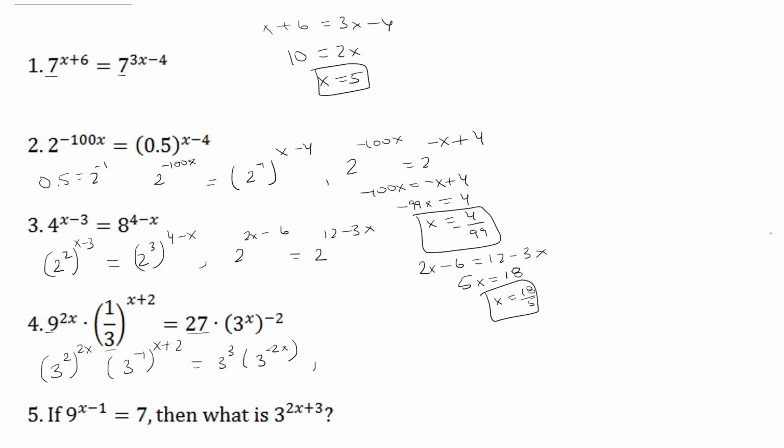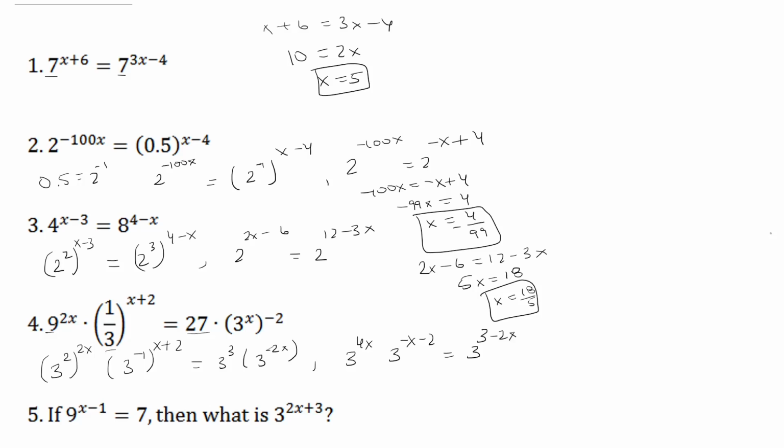Now, we have exponents to exponents, so we'll multiply them. We have 2 times 2x, and then negative 1 times x plus 2. And then here we have 3 cubed times 3 to the negative 2x, so that would be 3 to the 3 minus 2x.